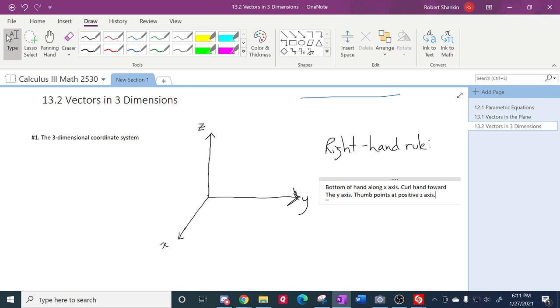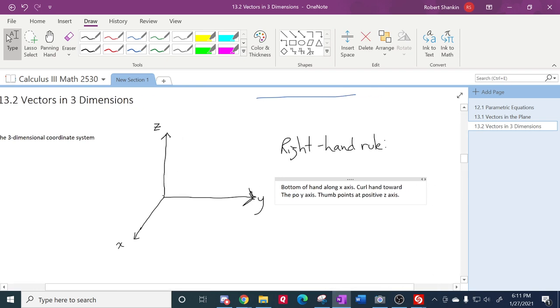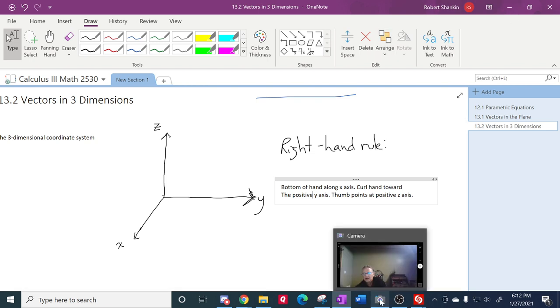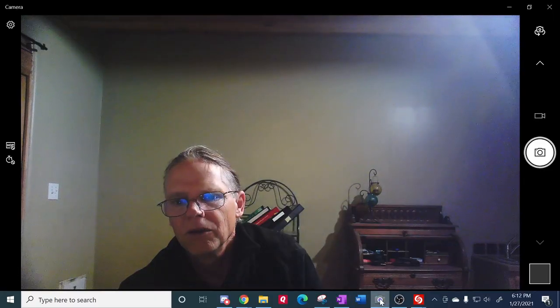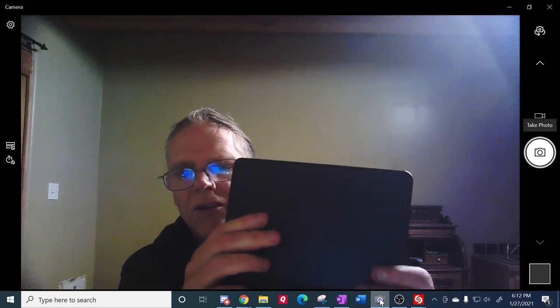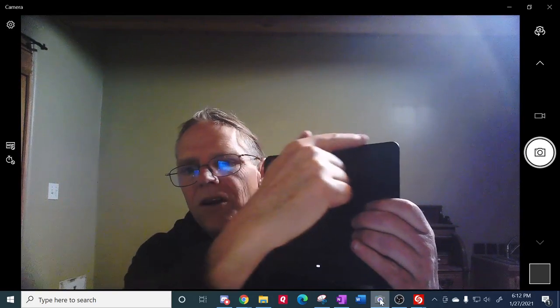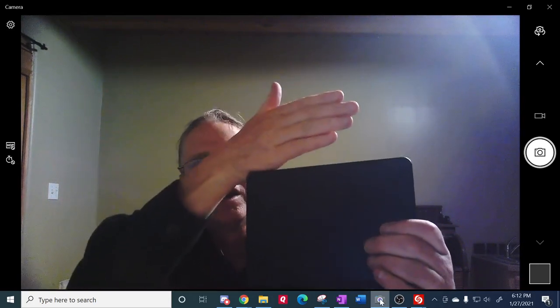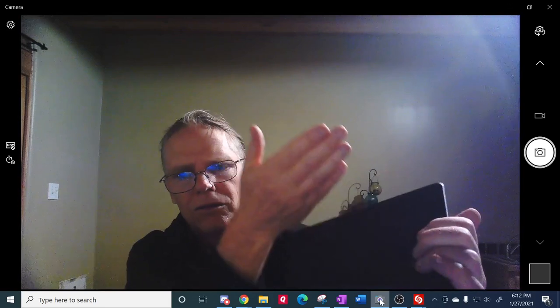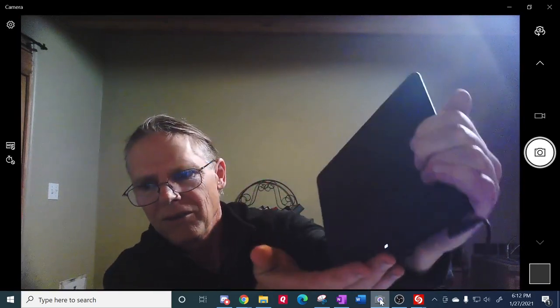Now you have to do it towards the positive y-axis too. Curl your hand towards the positive y-axis. Let me go back to the camera. Alright. So if I call this the x-axis, oh boy, it's so hard to do.